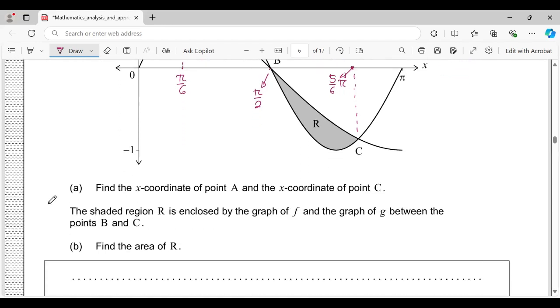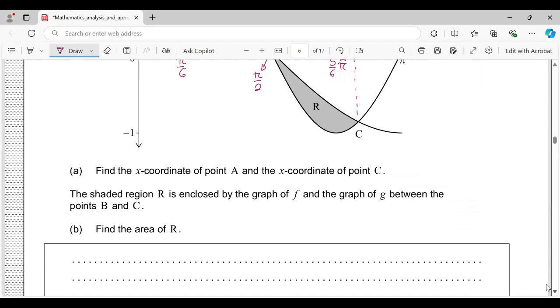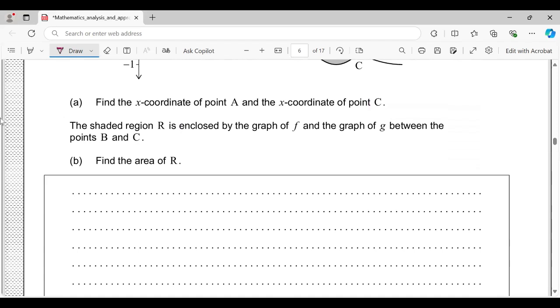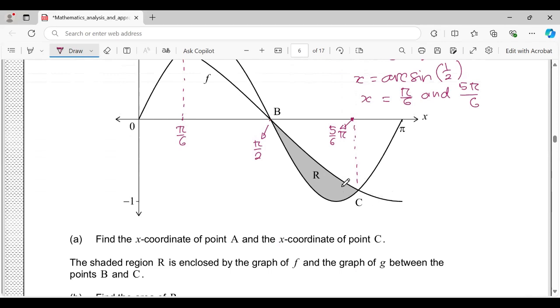Question A done. The shaded region R is enclosed by the graph of F and the graph of G between the points B and C. Find the area of R. So our area we are going to calculate by integral, from pi over 6 to 5 pi over 6, because the shaded region is between pi over 6 and 5 over 6 pi.